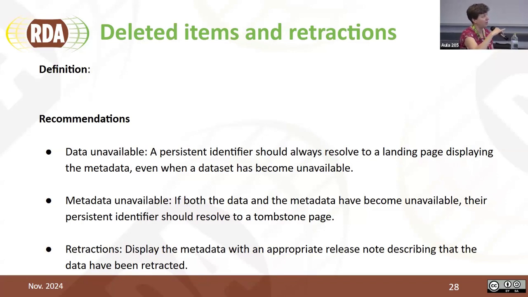Instead of saying I removed the metadata and the data, you need to have a back-side loop where you can query the data nevertheless, because if the journals try to reproduce the data and don't come to the same results, they might retract the paper. But the paper has been published with a full peer review, so there's an issue we should address in that.